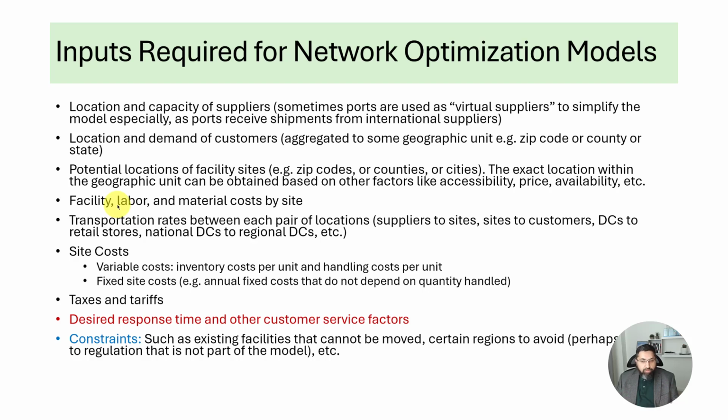So whether you move 10,000 pieces through a DC or 9,000, most likely your utility bill is not going to change much. Most likely the salaries of the management staff are not going to change much. And so those costs are like fixed costs that you need to keep track of if you're going to use that site.